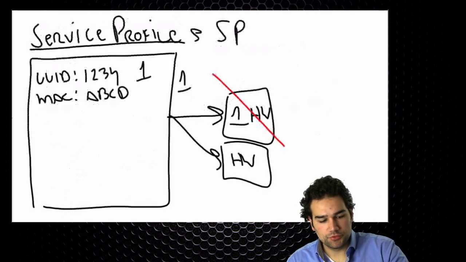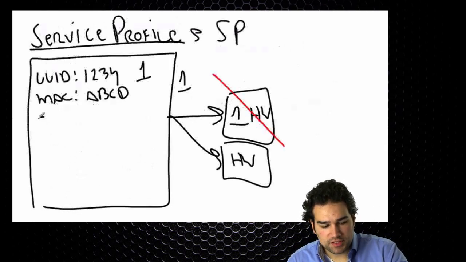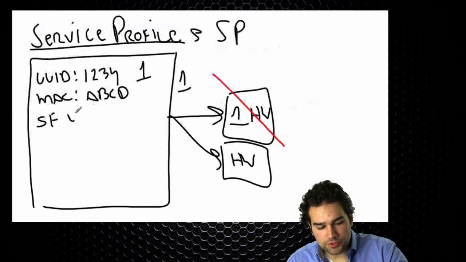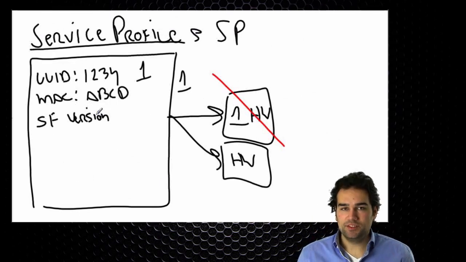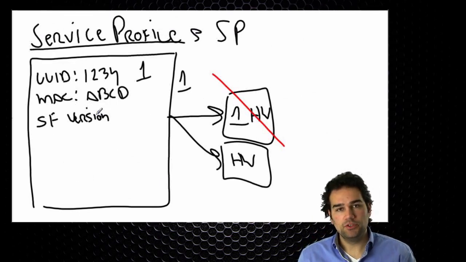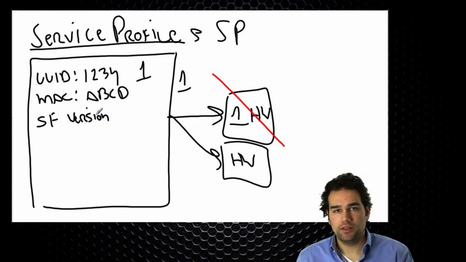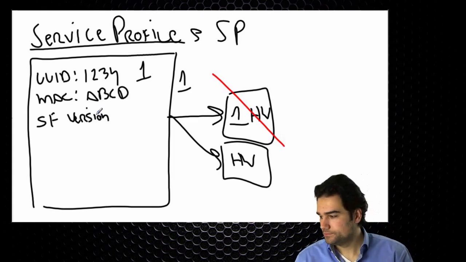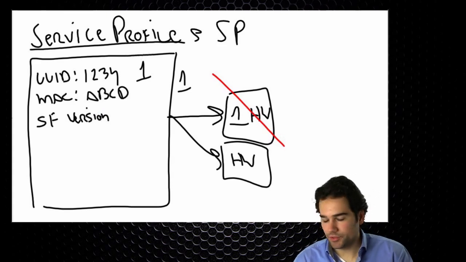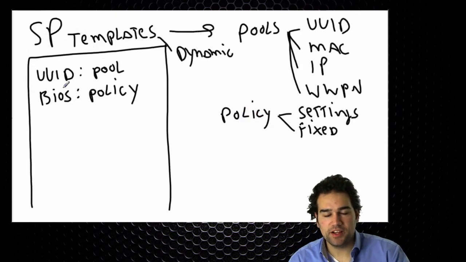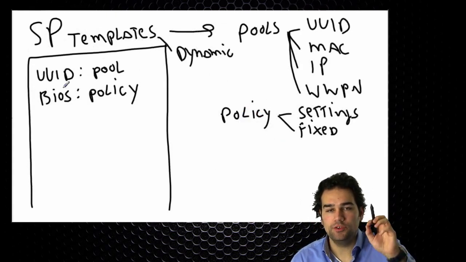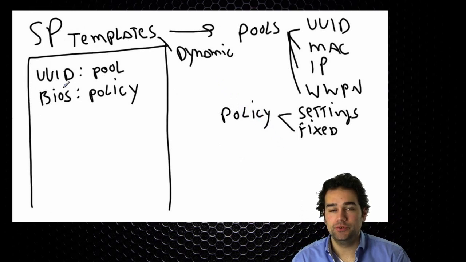So inside my service profile template, I can also specify software versions. This is a very easy maintenance tool that I can use to maintain the software on the servers. To maintain that software version on the servers, I create a separate policy specifying exactly for which component, which software version to use.